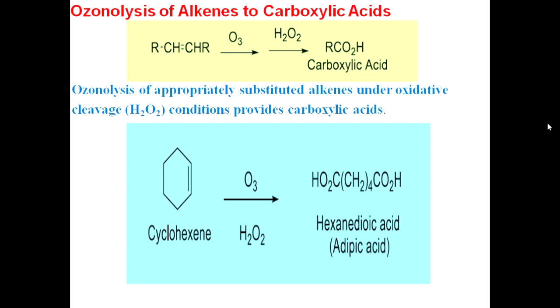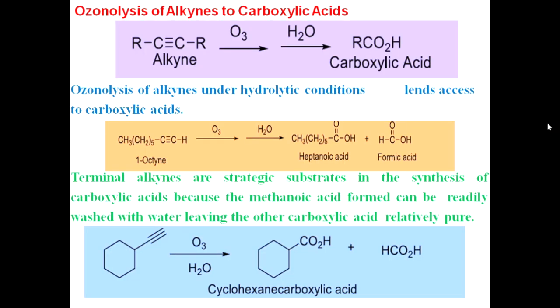Mostly in this case, two molecules of carboxylic acid will form if it is an open chain alkene. If it is cyclohexene, in that case a dicarboxylic acid, that is hexanedioic acid, which is called adipic acid, will form.